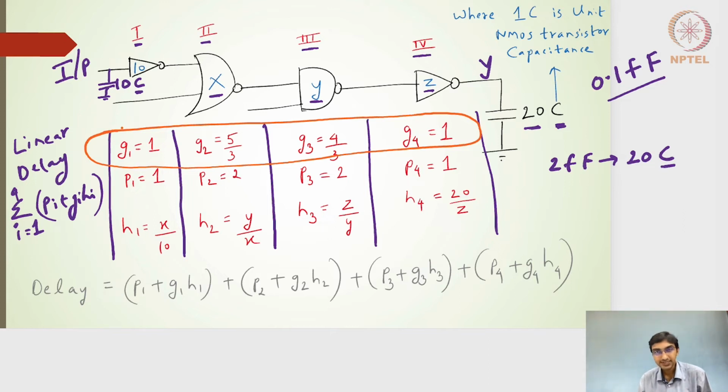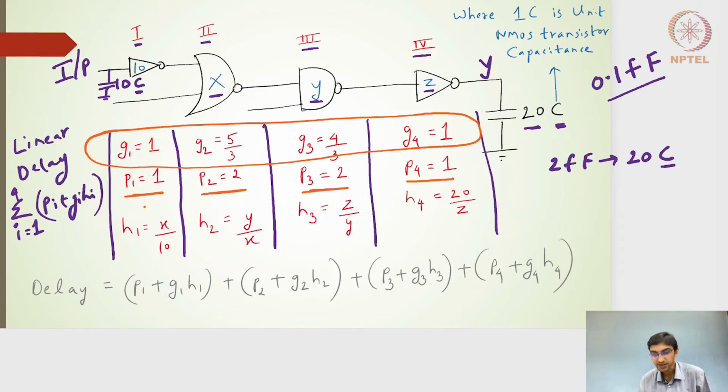The normalized parasitic for the NOR and the NAND gate is equal to the number of inputs. So for a 2-input NOR gate, the normalized parasitic is 2, and for a 2-input NAND gate, it is 2. For an inverter, the normalized parasitic value is 1.